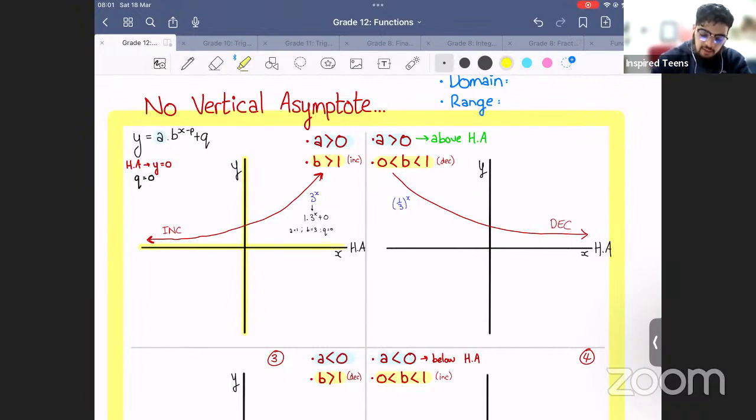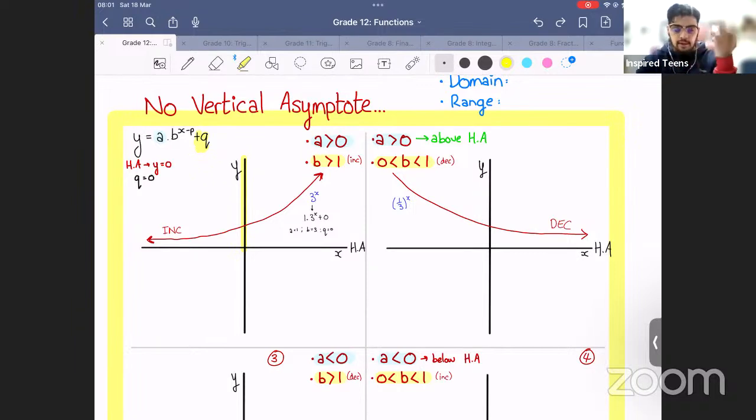The vertical line always represents the y-axis, but this horizontal line is not always necessarily the x-axis. The horizontal asymptote, that's the main thing. It just so happens that in these examples, because there's no q, the horizontal asymptote falls on the x-axis.